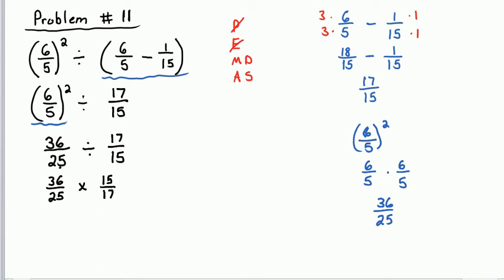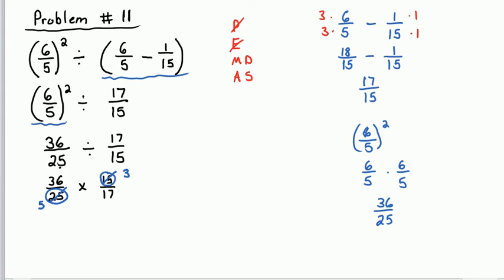And I noticed that both 15 and 25 have a common factor of 5. So I'm going to take care of that now. I'm going to divide both of them by 5, and that will give me a 3 here. And dividing 25 by 5, that will give me a 5 here.